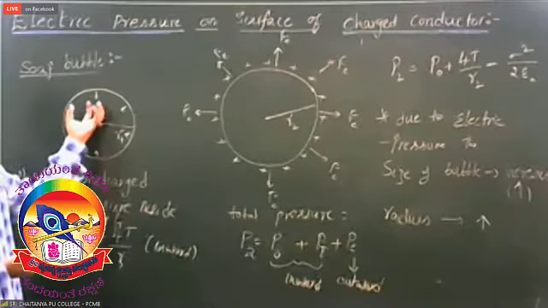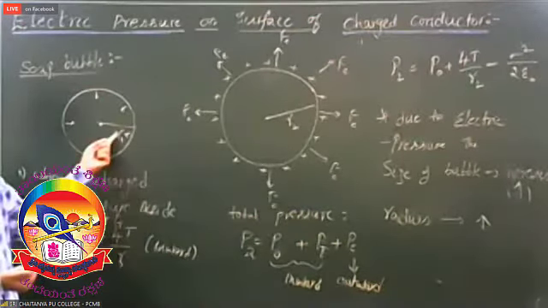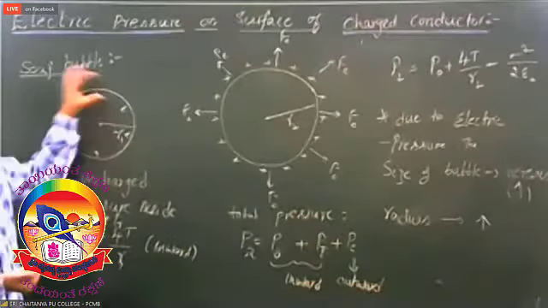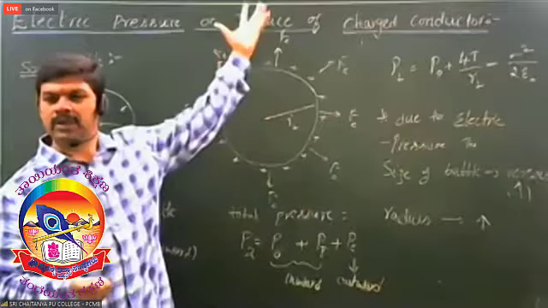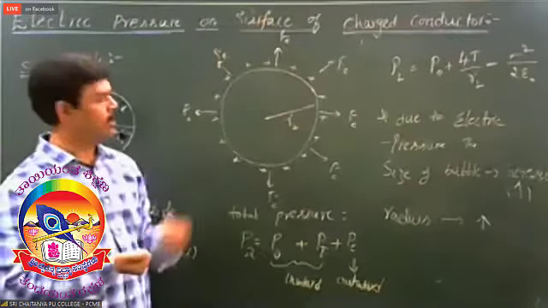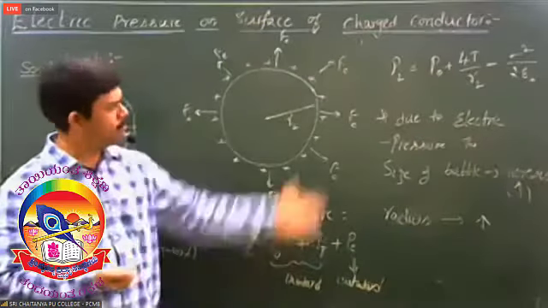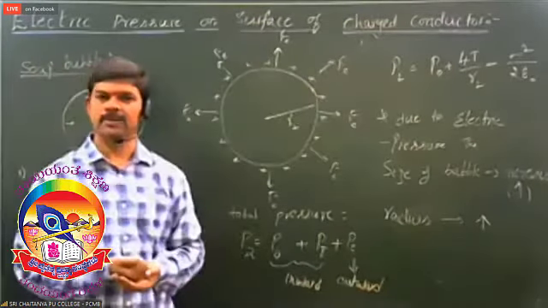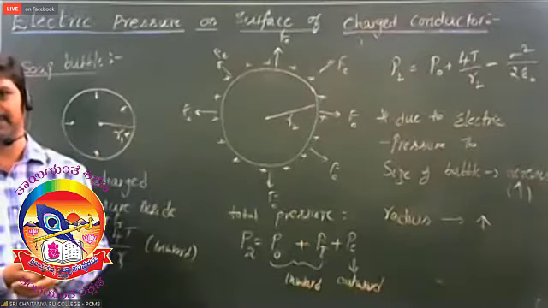Generally we get a problem in the entrance exam on this. See, the surface tension pressure, total pressure inside is P naught plus 4T by R, where R is the radius. If charged, another pressure acts outward. So total pressure is P naught, PT plus PE. One of the important concepts, very important concept. Note down.